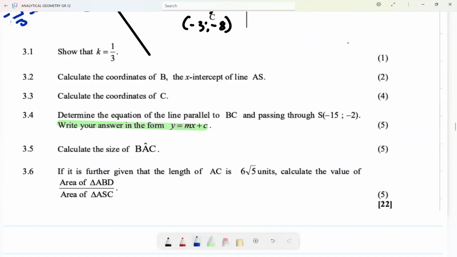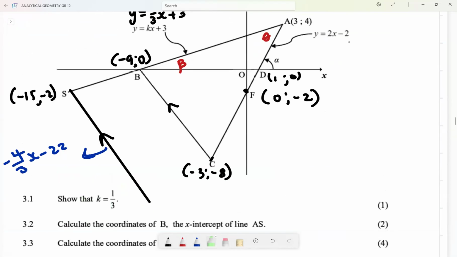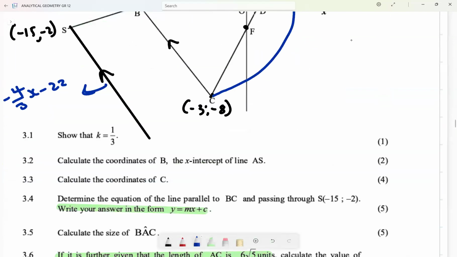It is further given that the length of AC is 6 root 5. Calculate the value of the area of ABD divided by the area of ASC. We are given the length of AC, guys, 6 root 5.